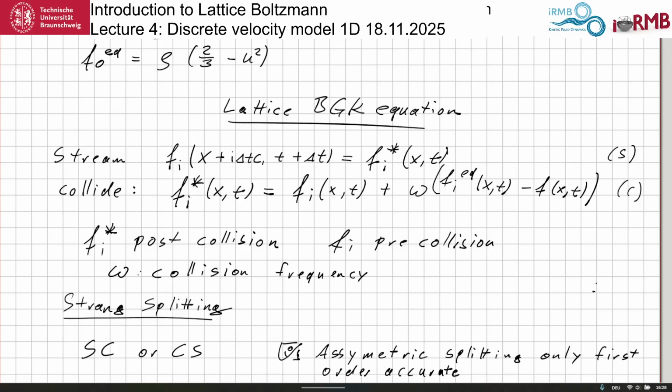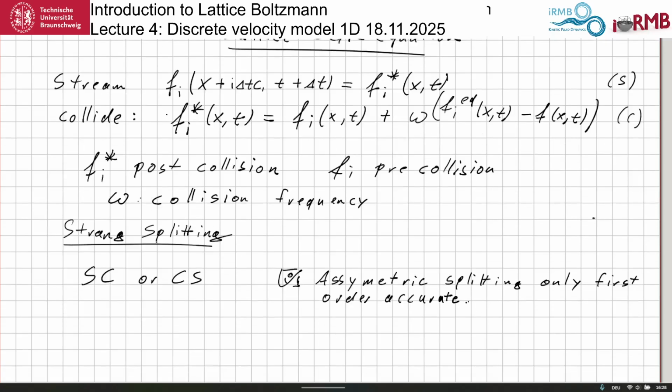It's not extremely mysterious. We do it in a little bit different way. Okay, problem is if you have something that's not symmetric, you get something that's usually first order accurate.